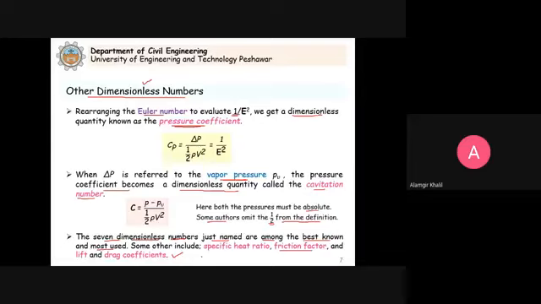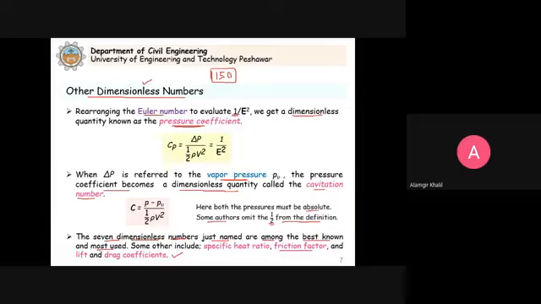And remember, if you study a book, the name is Handbook of Fluid Dynamics by Johnson, there the author explained more than 150 dimensionless numbers. So when you consider any fluid phenomena, you have to identify what forces are significant, and then accordingly the dimensionless numbers that you have to consider for dynamic similarity.